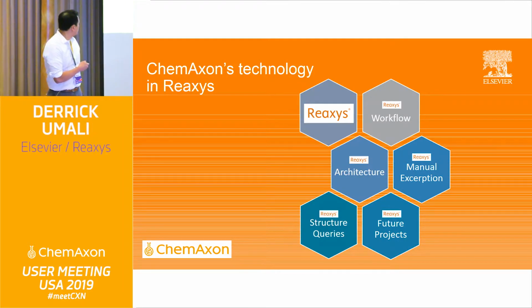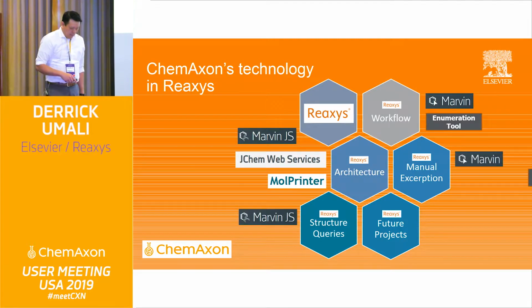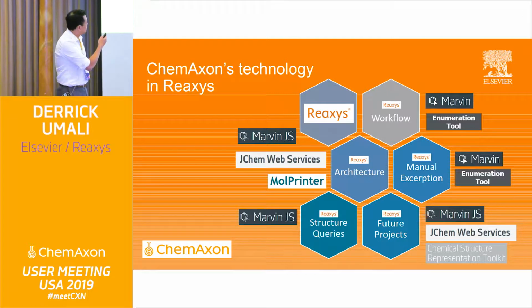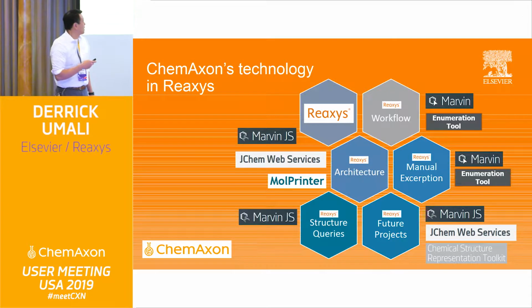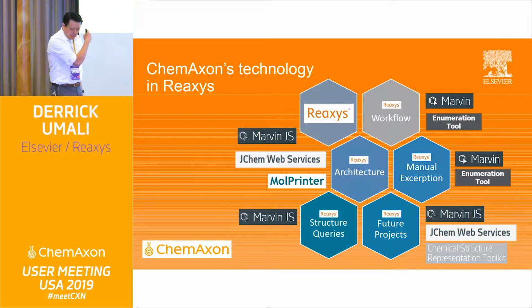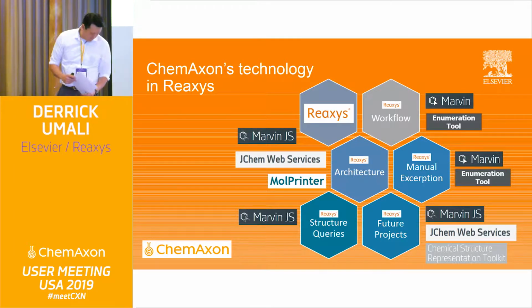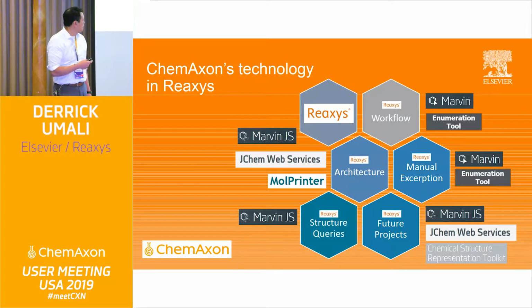So today, like I said, we'll take a look at ChemAxon's technology in Reaxys, and how we use various ChemAxon tools to deliver the Reaxys product to the end user, and actually build the Reaxys database, right? We'll start with a brief introduction of Reaxys. We'll then go into the workflow of how we build the Reaxys database, and a little bit of detail about the manual excerption.